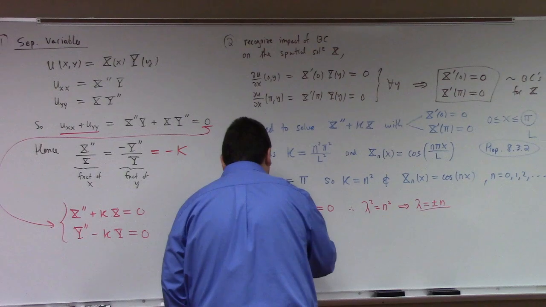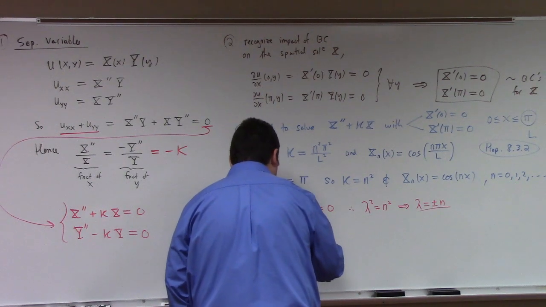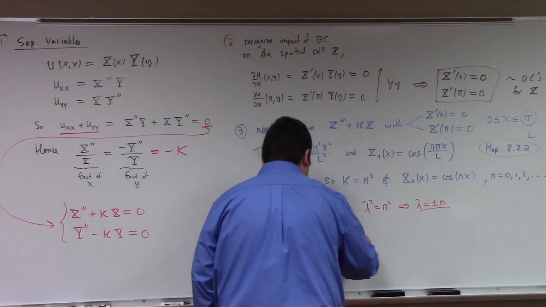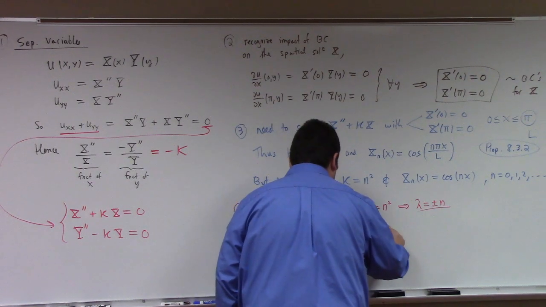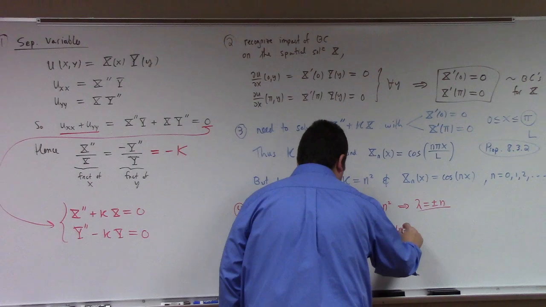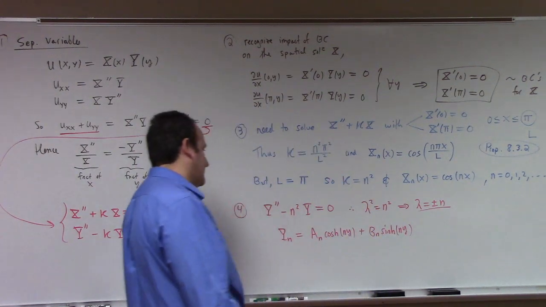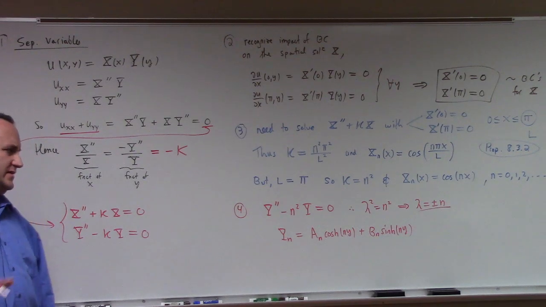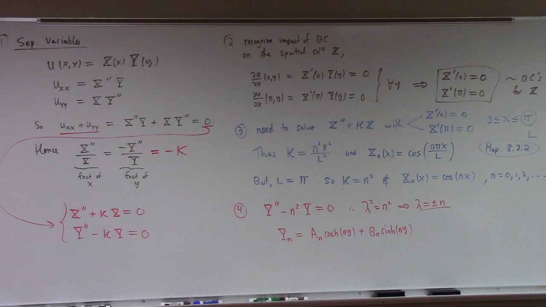Anyway, long story short, we have y sub n is equal to something like a_n cosh ny plus b_n sinh ny, right? And what if n equals 0?